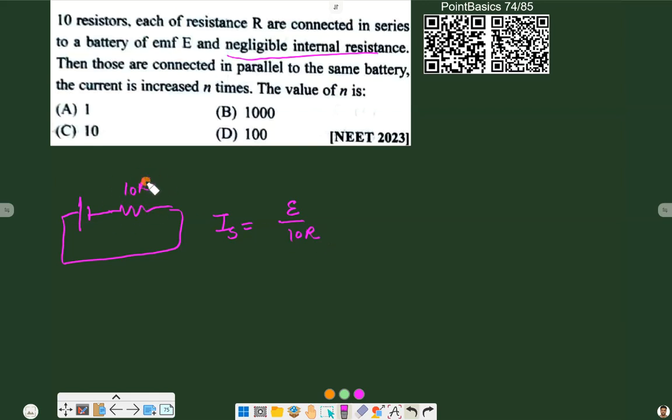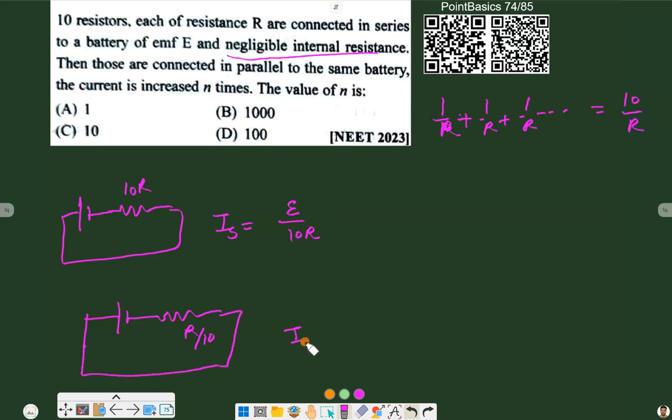Now 10 resistances of value R in parallel will give us a total resistance of R by 10, because we get 1 by R plus 1 by R plus 1 by R, ten times, so 10 by R, or inverse, R by 10.